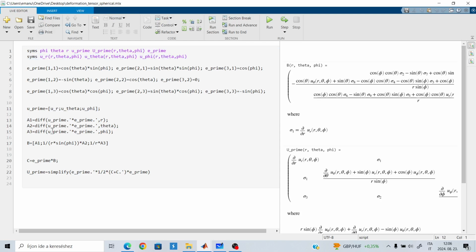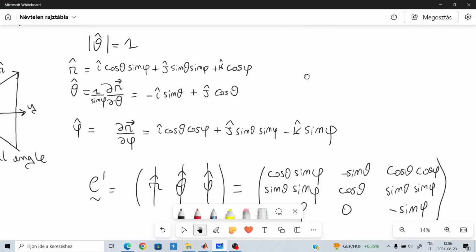And then I do the calculations. In particular, these coefficients A1, A2, and A3 are basically the partial derivatives of U prime, E prime. So I'm doing these calculations here.